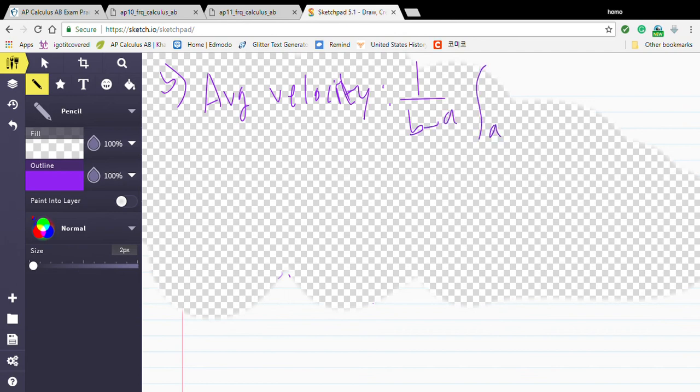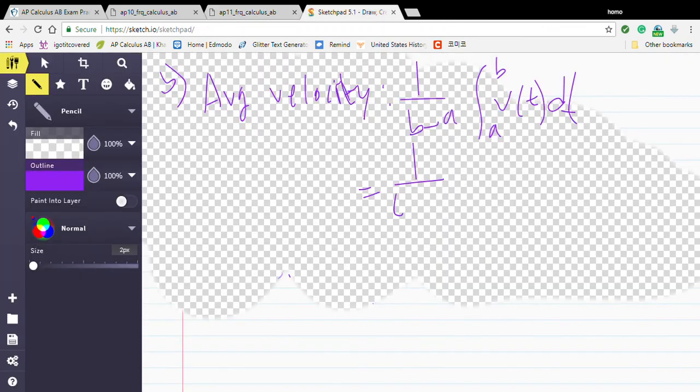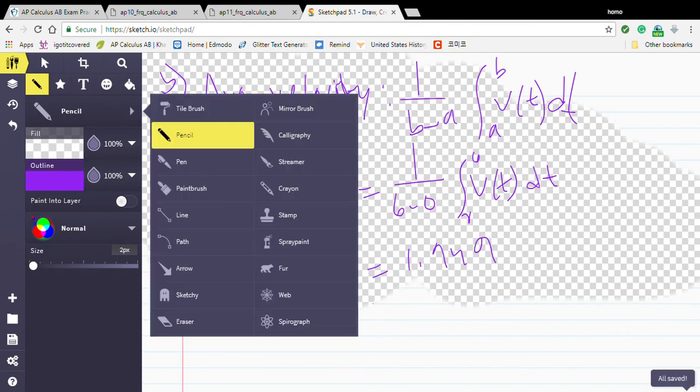You don't have to write this, I will write this, it's just more convenient for me. So we plug in 0 to 6: 1 over 6 minus 0, times the integral from 0 to 6 of v(t) dt. Once you calculate this, you get 1.949, and this is your answer to B.